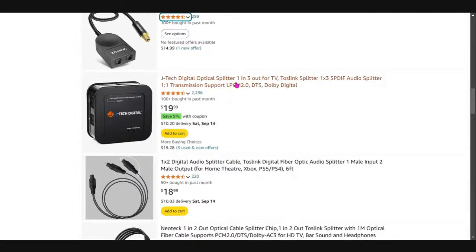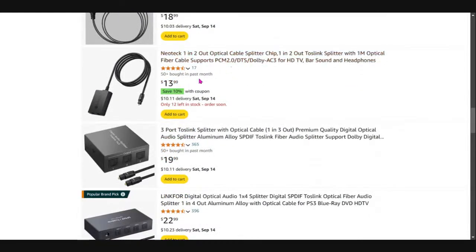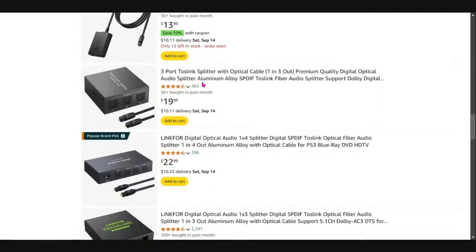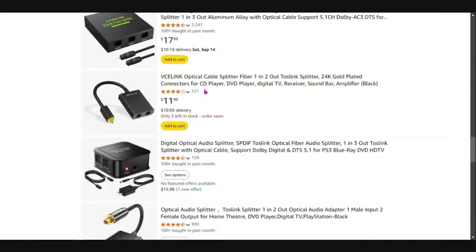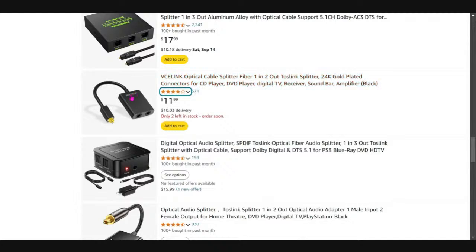Audio splitter cable. Okay. Anyway, this seems to be the price: $13, $14, $12. Optical cable. I'm assuming this is an optical signal, that this is optical input and output, whatever. I hope.